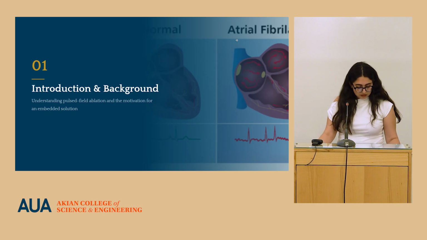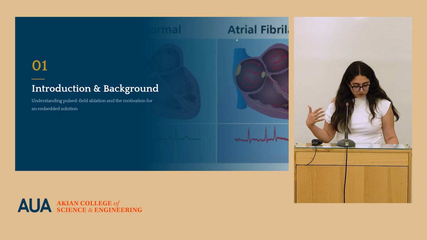In atrial fibrillation, abnormal electrical signals disturb the normal rhythm of the heart, and the goal of cardiac ablation is to target that irregularity and try to reduce or stop that abnormal rhythm.